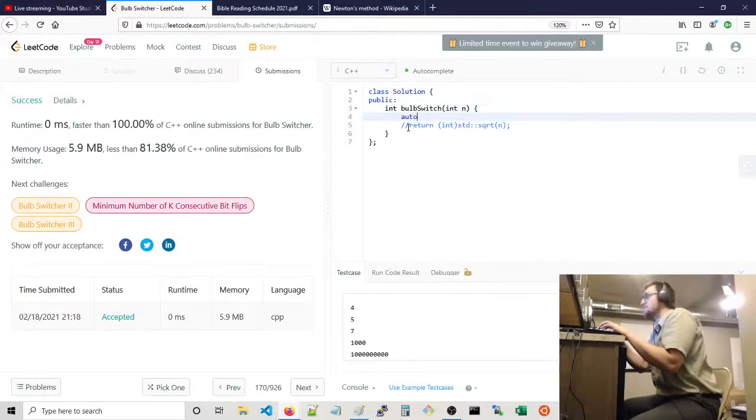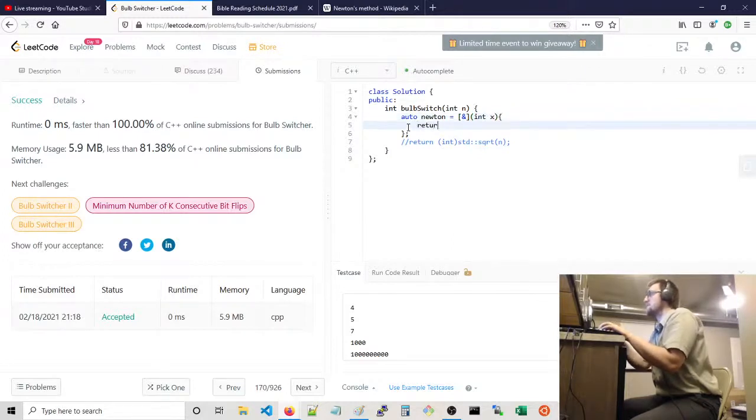Let's do auto Newton. It's going to be some numerical analysis. X, return 0.5 times x minus, in this case it's n that we're looking for, and n. We'll do int k as well.